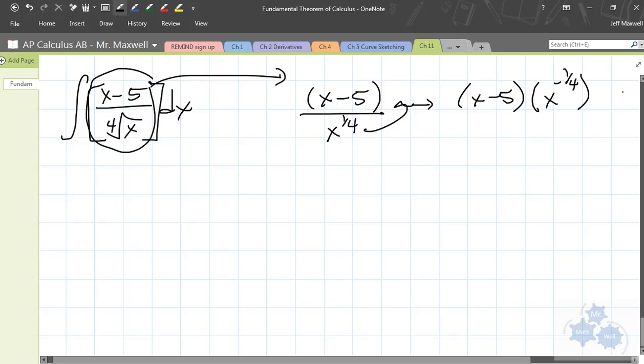And likewise, if we keep going on that path, then I can distribute this to each term. And when I have the same base, I simply add the exponents. So that's going to be x to the, what's that, 3/4. 1 minus 1/4. That's 3/4, right?